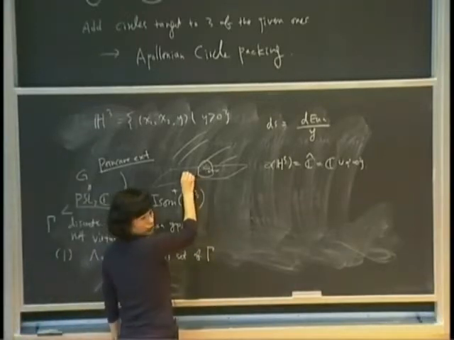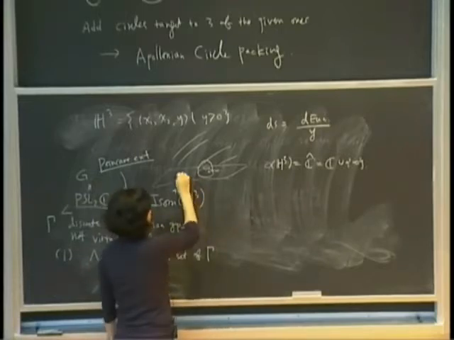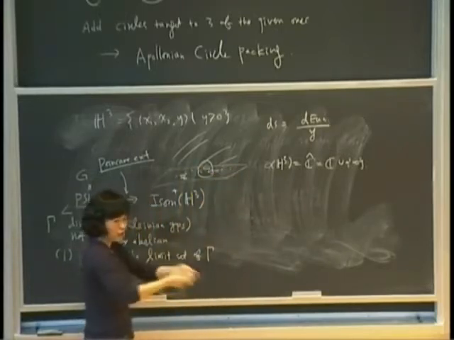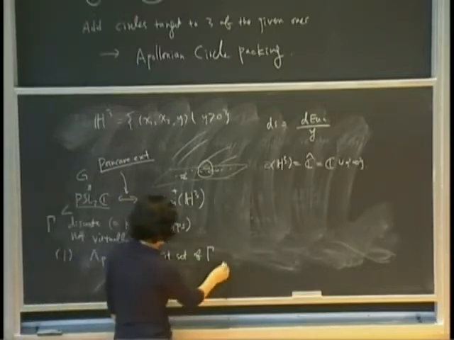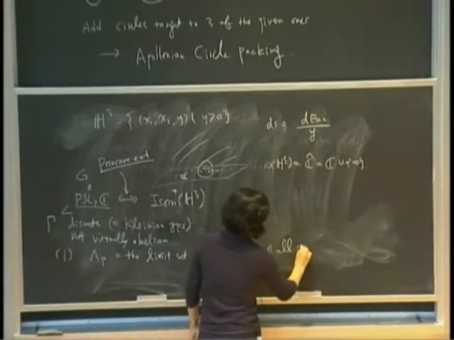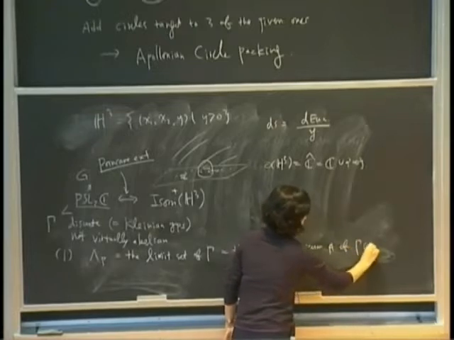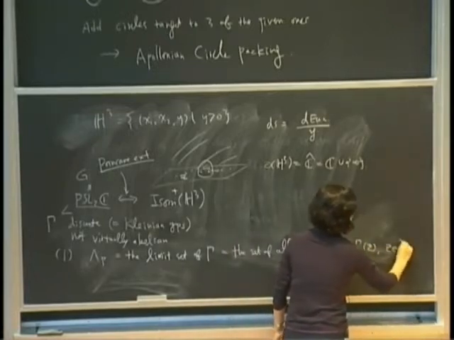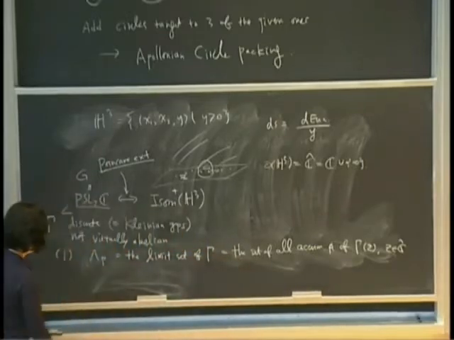You take any point Z in the boundary, and then you look at the orbit of gamma of Z. Okay, so you get some points over here, and then we collect the set of accumulation points. So that is the limit set of gamma: the set of all accumulation points of gamma of Z for any Z. You can use any Z, but it will give you the same definition.